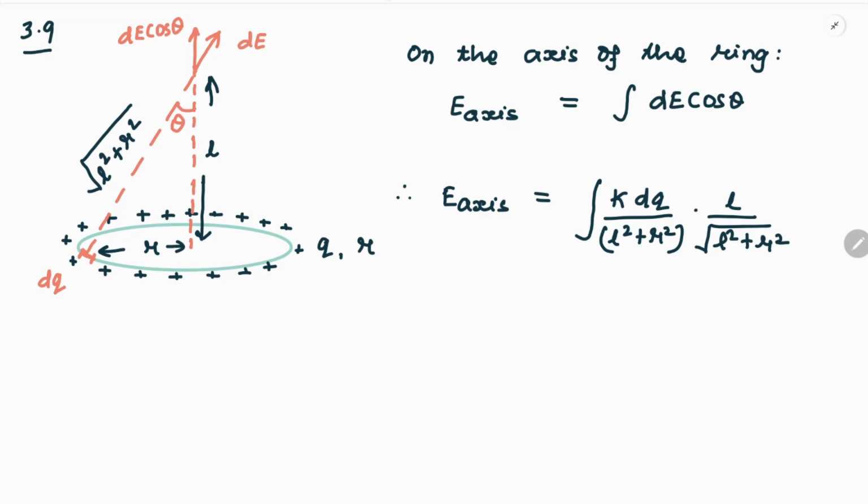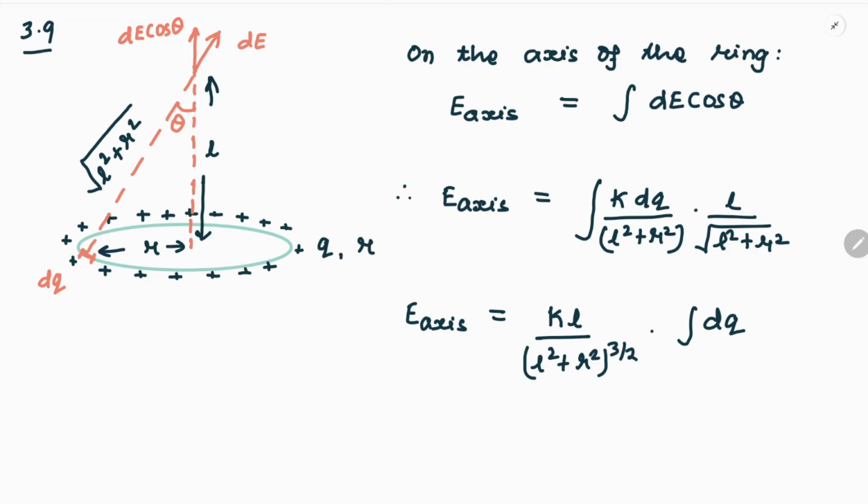Now for any elemental charge dq on this ring, the value of cos theta remains unchanged. So therefore this integration is not as tough as it seems. So we can simply write it as kL upon L square plus R square to the power 3 by 2, and then we have the integration of dq.